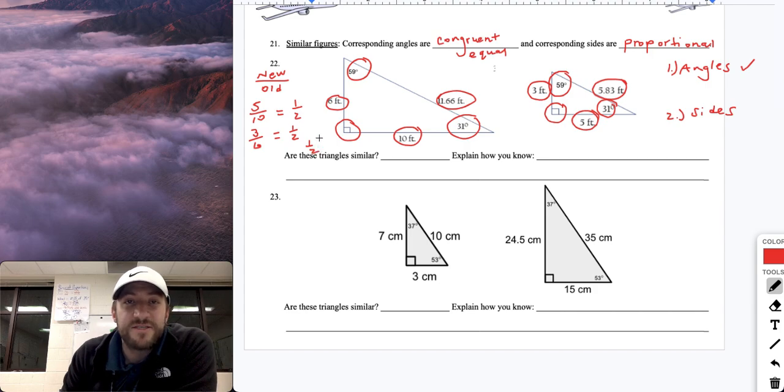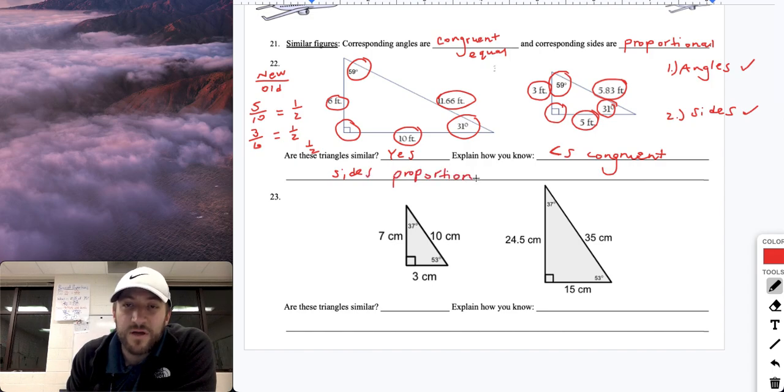All of these give me the same scale factor. So it passes the sides test. When it passes both of those, yes, they are similar. And that's because the angles are congruent. The angles are congruent. That's my angle symbol, and then an S. And sides are proportional. Perfect.